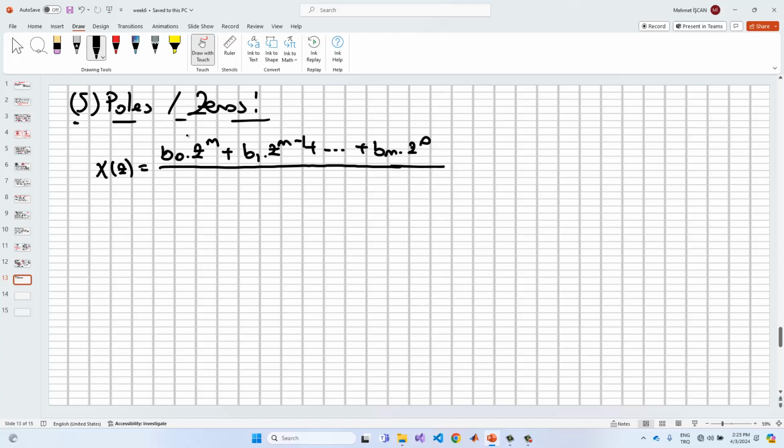This is the general representation of the zeros in here. Or we have the denominator part, z^n plus a1 z^(n-1) plus and so on, and an times z^0. Okay, this is the general definition of the pulse transfer function.